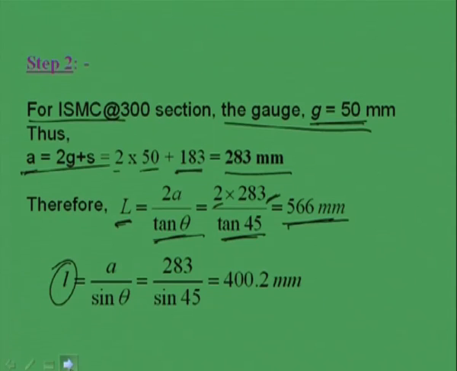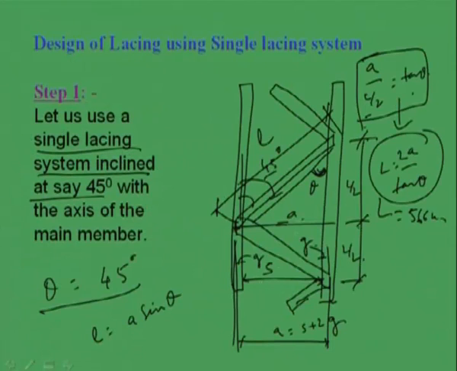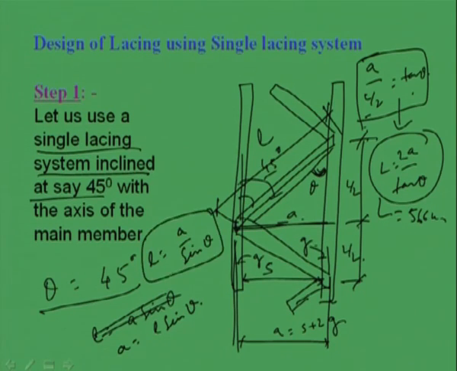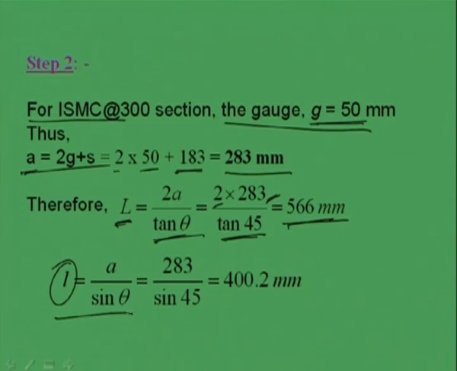Sorry, this is A and this is L. That means L will become A by sin theta, right. So, length of the lacing will become A by sin theta. A is 283 and theta is 45 degree. So, we can find out from this the length of lacing as 400.2 millimeter, right.